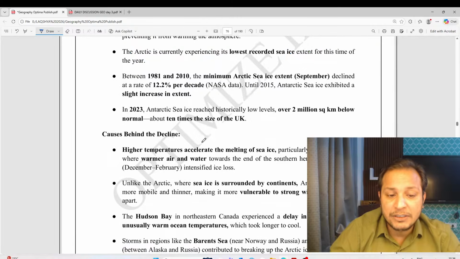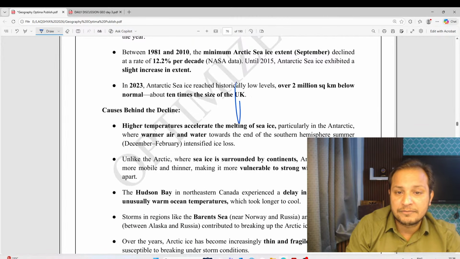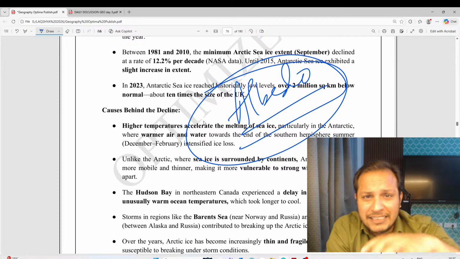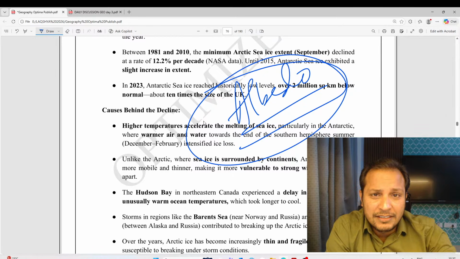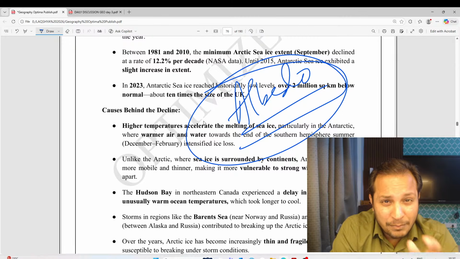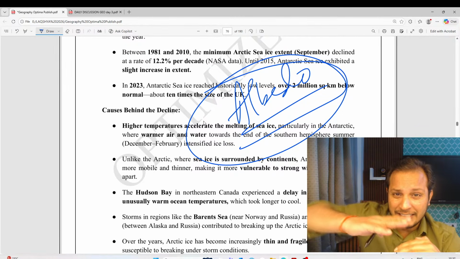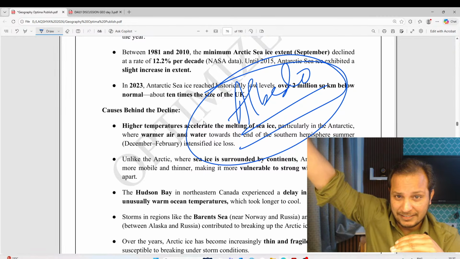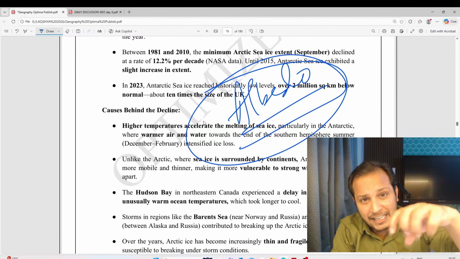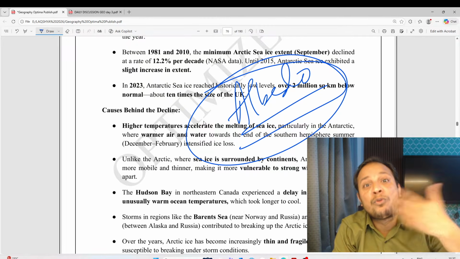Albedo is a very important concept. Whenever the sea ice reduces, the albedo also gets impacted. Sea ice reflects the sun rays. When it melts, the sun rays can go into the water and it will lead to more warming.